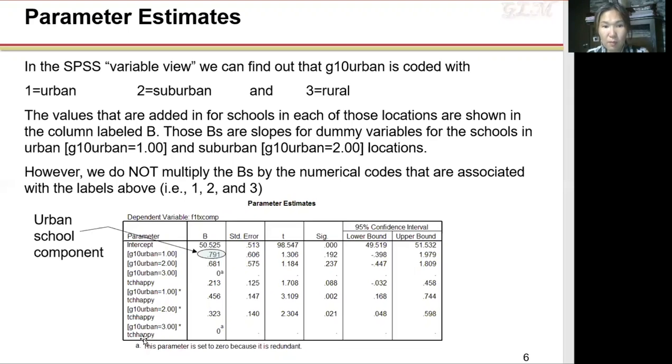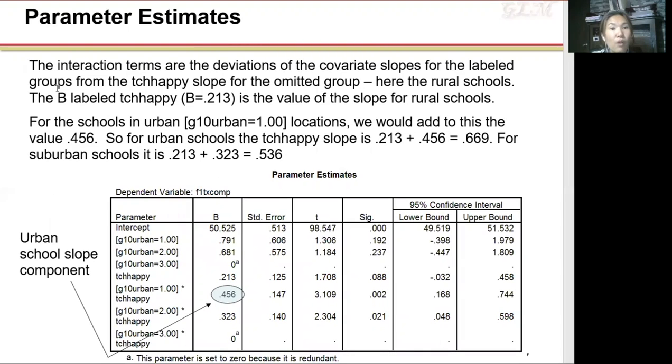So 0 times teacher happiness becomes 0. Okay? The interaction terms are the deviation of the covariate slopes for the labeled groups from the teacher happiness slope for the omitted group. What is it? Rural schools.